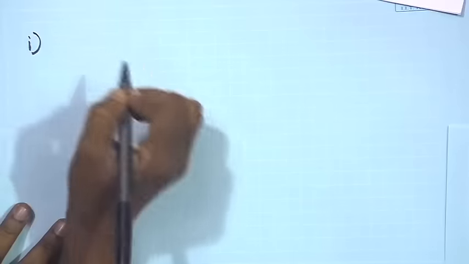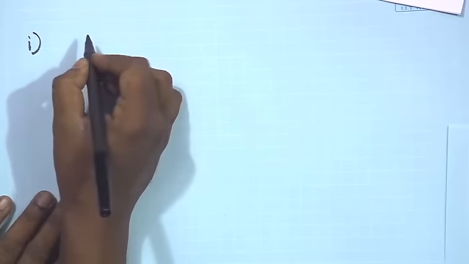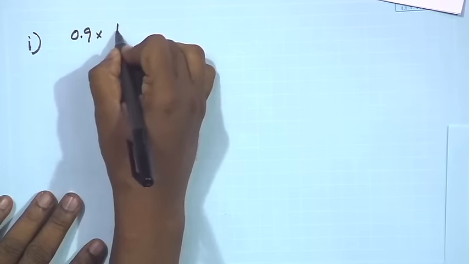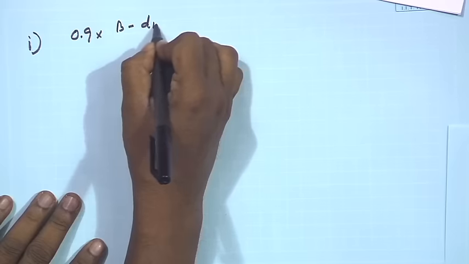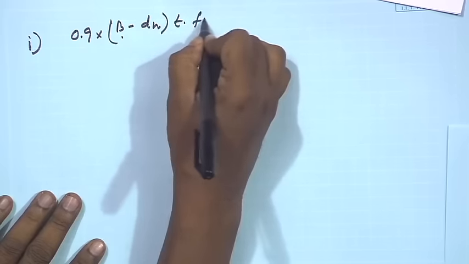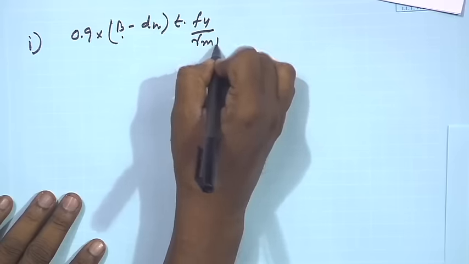Now, we can find out the tensile strength. As per clauses 6.2 and 6.3.1, we first find the strength due to rupture of the critical section, that is 0.9 into B minus D H into T into Fu by gamma m1.